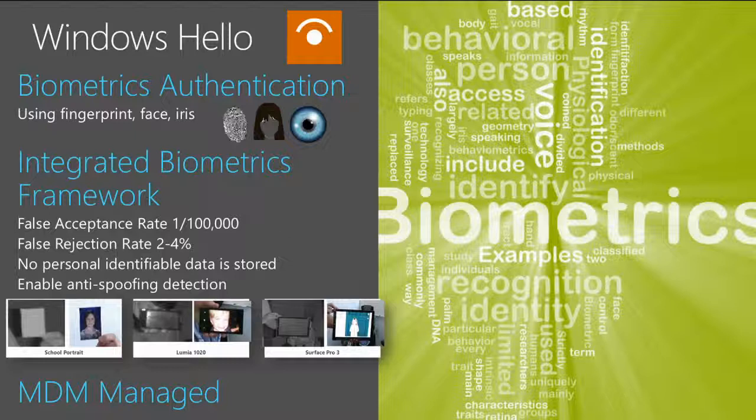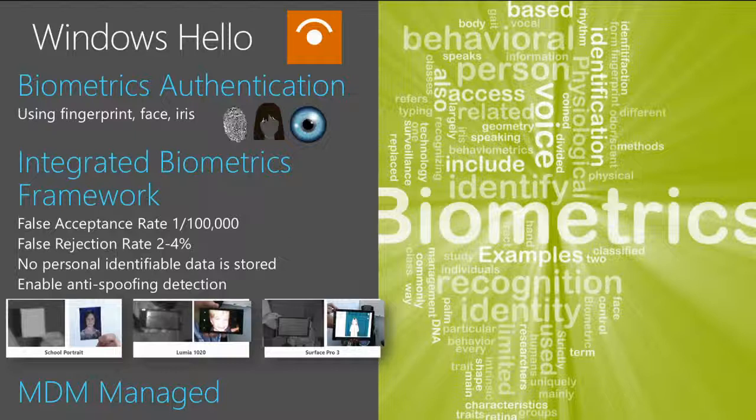What is basically being done is, if you use a fingerprint reader, it makes a scan of it and translates that into something. It locks it through the TPM on the device. So there is no personal identifiable information anywhere, and it doesn't even store it in your Active Directory or Azure AD. It all stays on the device and is very secured, protected by a TPM. So there's no one who could get access to that.